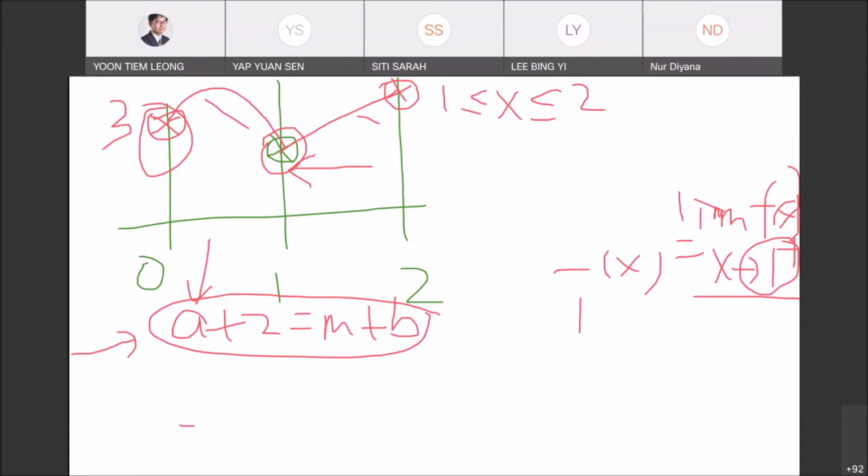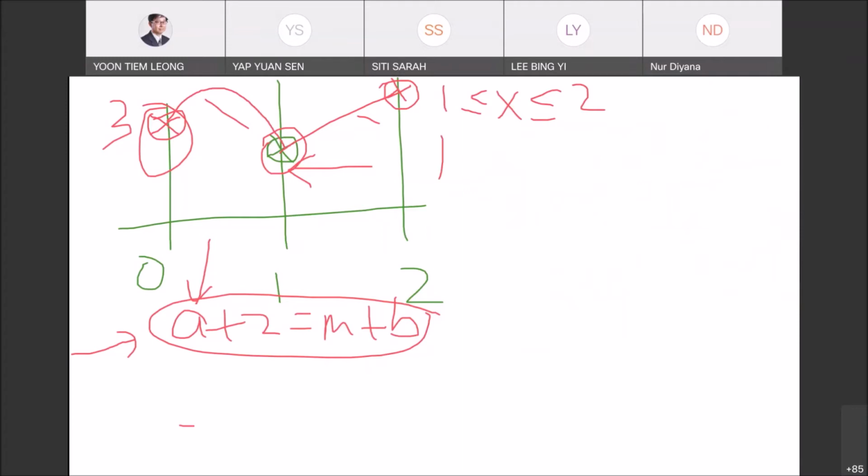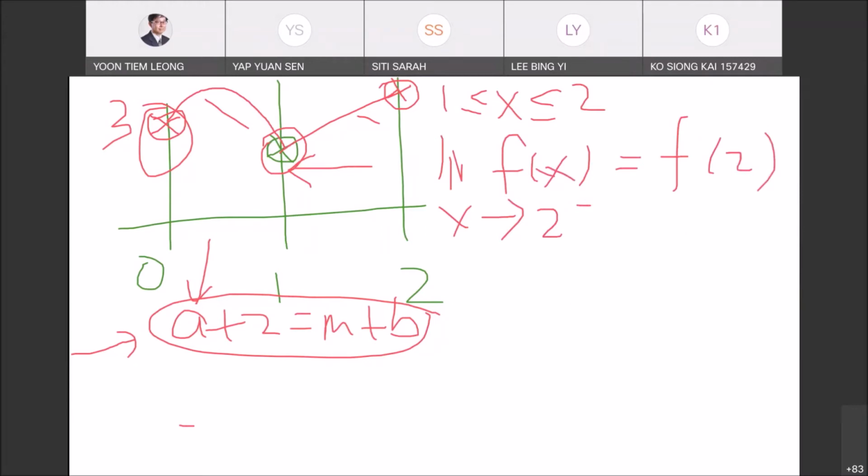So again, if you want to apply the mean value theorem, the function has to be continuous. So for the function to be continuous at 2, you require the limit of the function as x goes to 2 from the left to be equal to the value of the function at 2. Okay, so the function at x equals 2 is mx plus b.